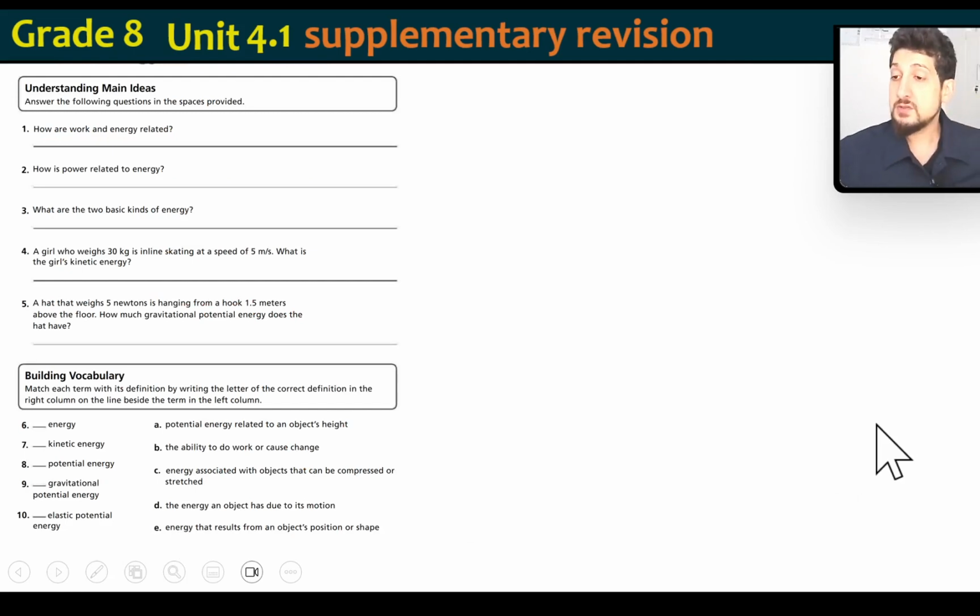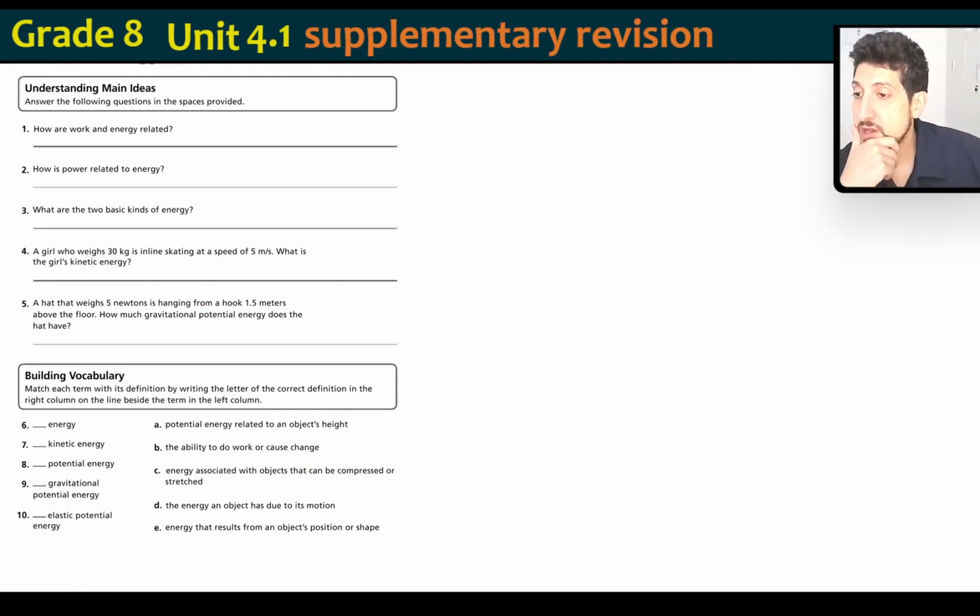Okay, let's do some questions. How are work and energy related? Well, turns out work is transfer of energy. In other words, work and energy are very closely related. They have the same unit.